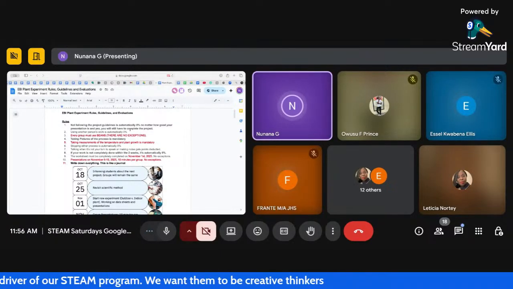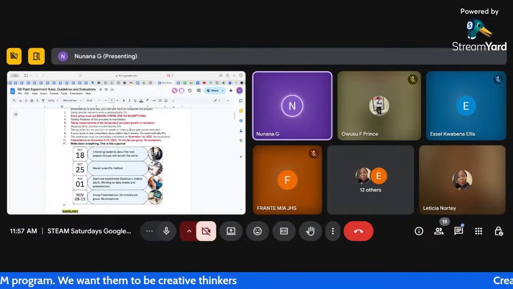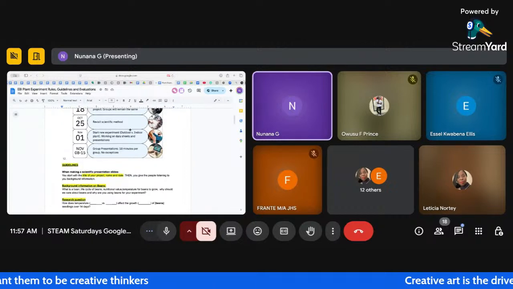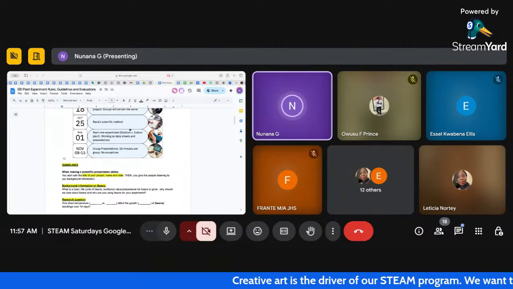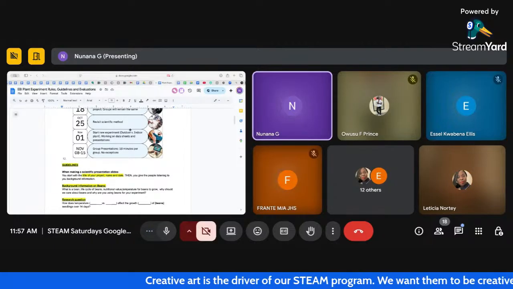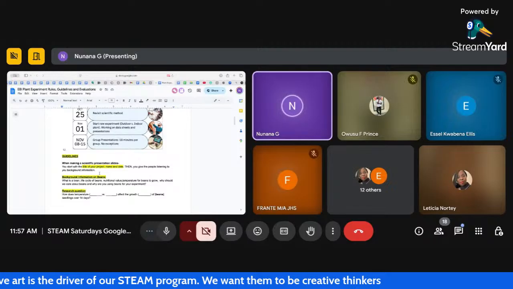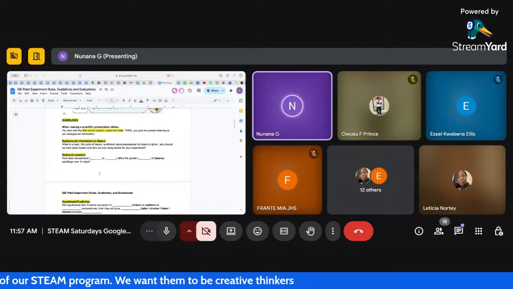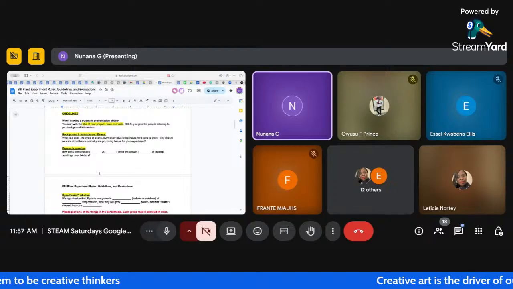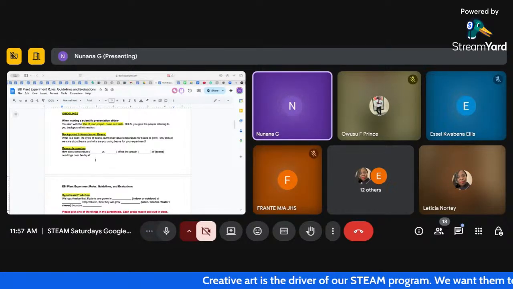Again, this is the rules and guidelines and timeline of what we're expecting. And this was also from the slides. So basically how to make your presentation and how to do the project. We have the background information which is on the slide. You can also search for your own information, but make sure you have the source.